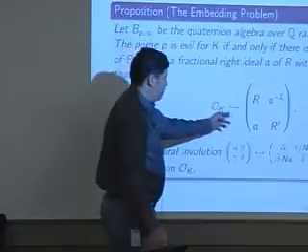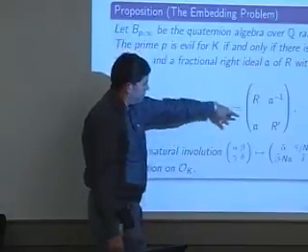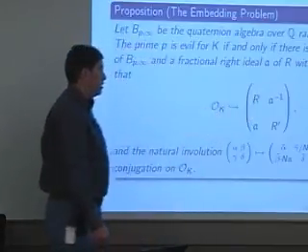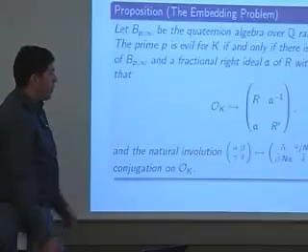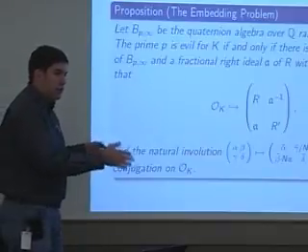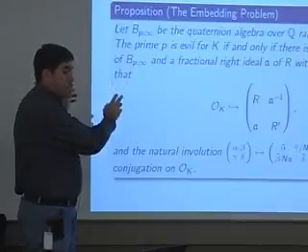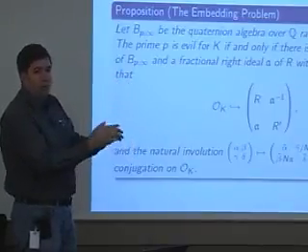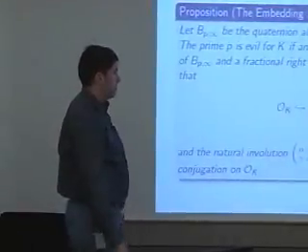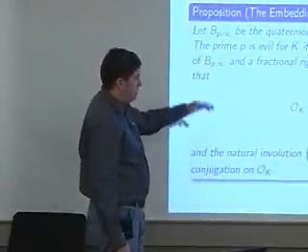Namely, if you have such an embedding, such that the natural involution on this algebra induces complex multiplication on OK, then P is evil. So we can construct then an abelian variety with CM by OK in characteristic 0 that reduces mod P to a product of elliptic curves with the product polarization. So the problems are equivalent.